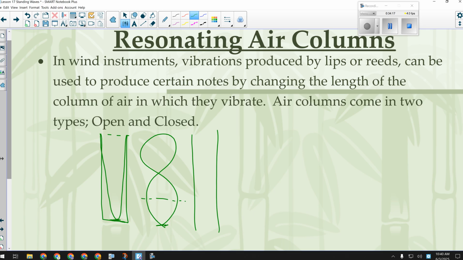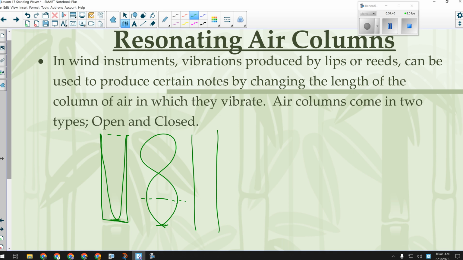A quarter. There's 1/4 of a wave in the tube. Now, here's the thing with air columns. They only make sound if there's an antinode at the openings, or if it's a closed air column, the opening, because there's only one opening. They only make loud sounds when there's an antinode at the top.